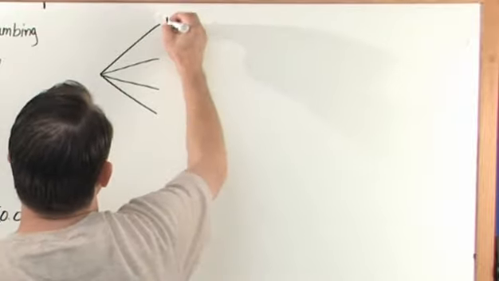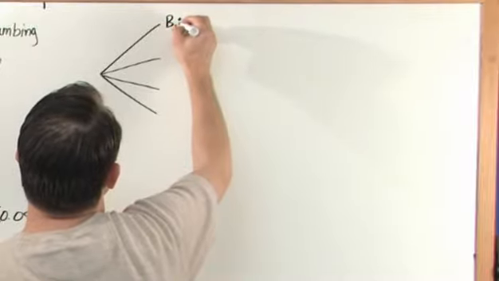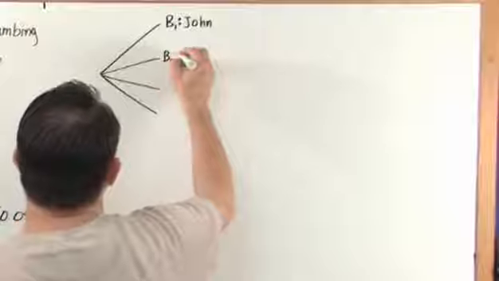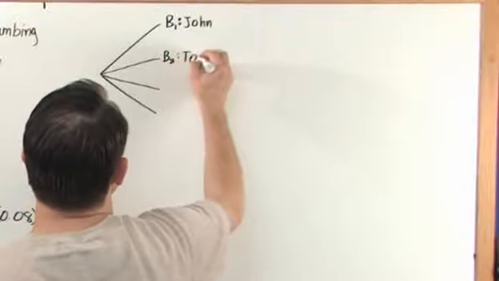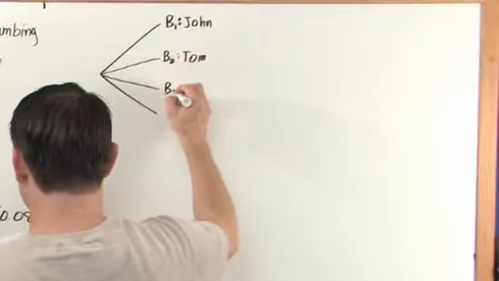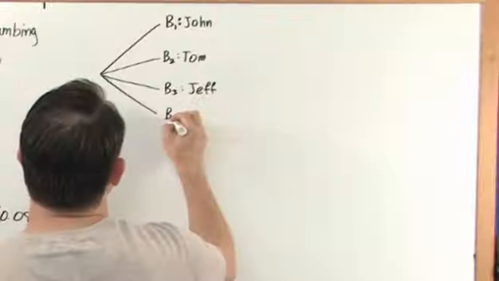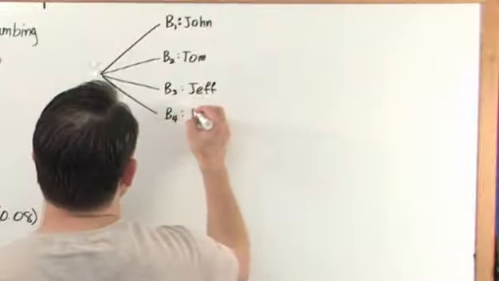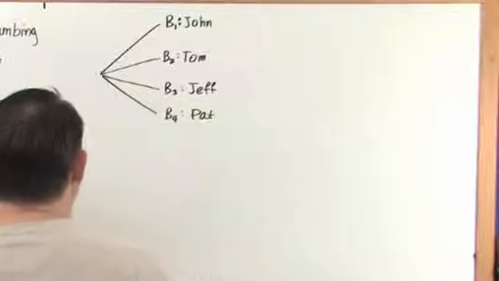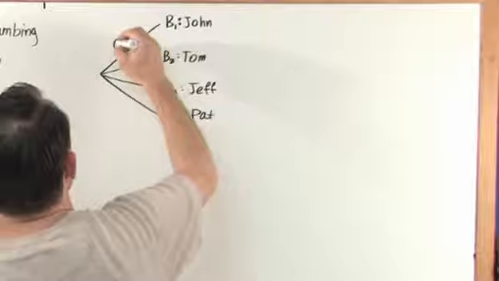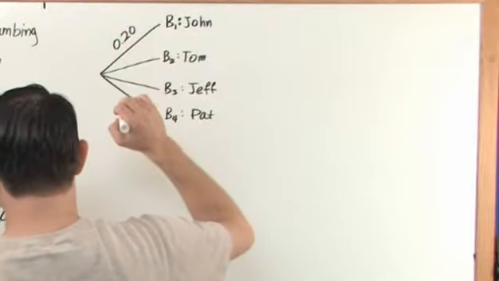So we're going to call B1 John, and we're going to call B2 Tom, and we're going to call B3 Jeff, and we're going to call B4 Pat. Okay? And the mail delivery is split up like this. John delivers 20% of the mail.